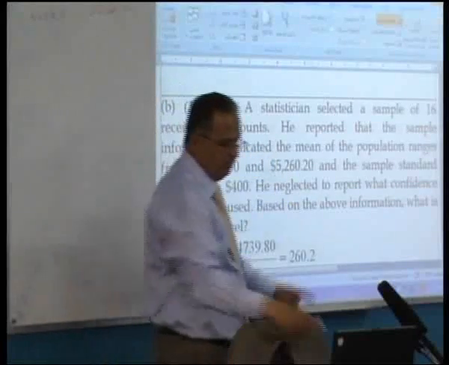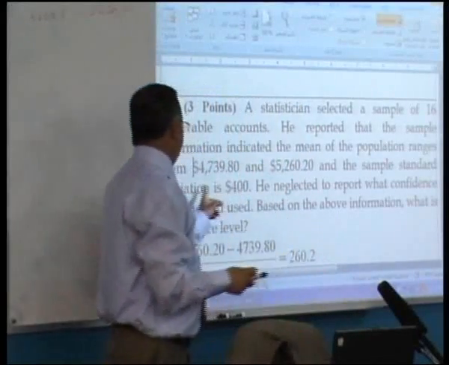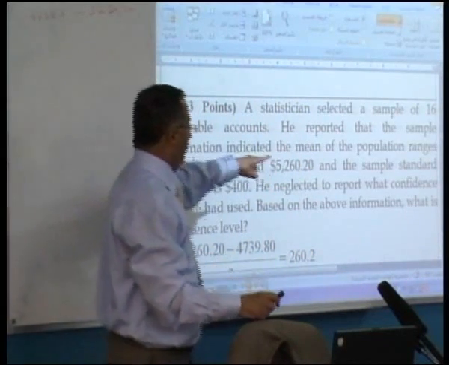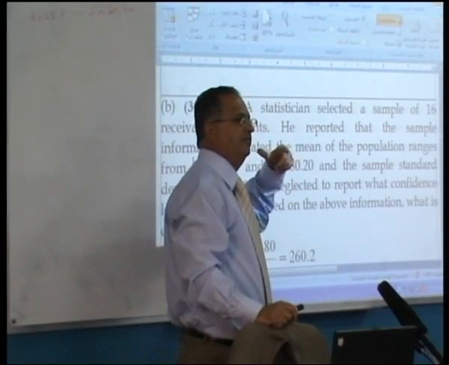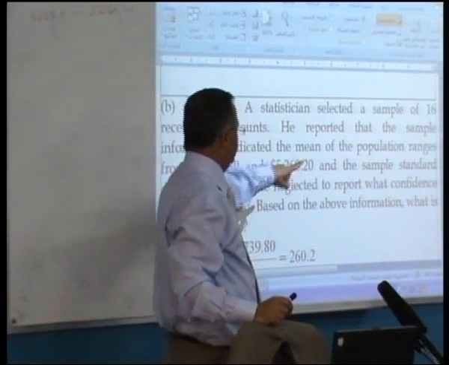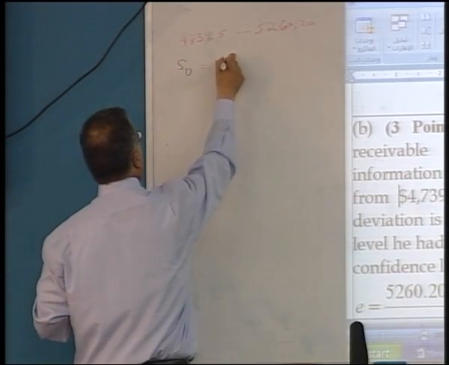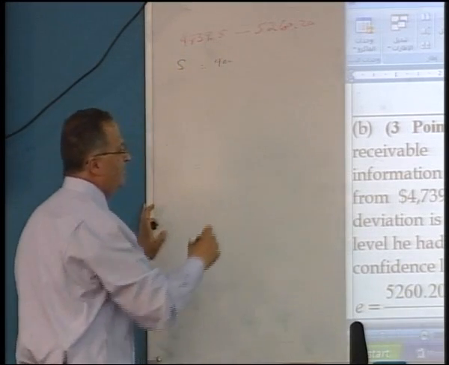So the mean of the population ranges between these two values. And in addition to that, we have information about the sample standard deviation, which is 400.